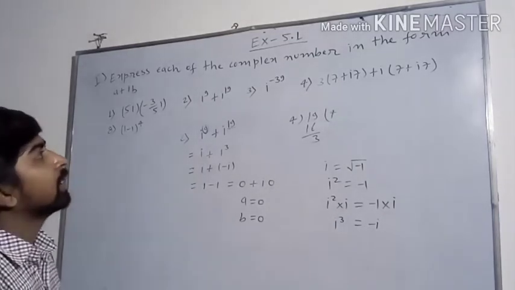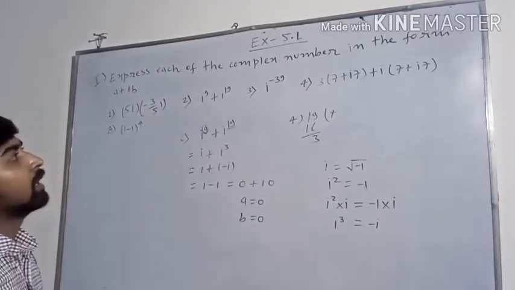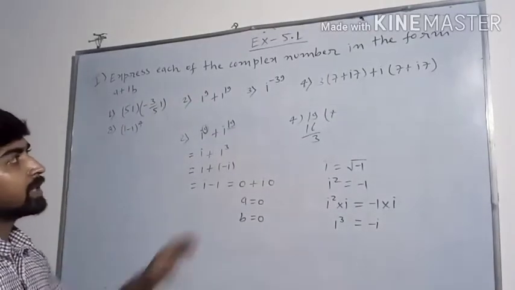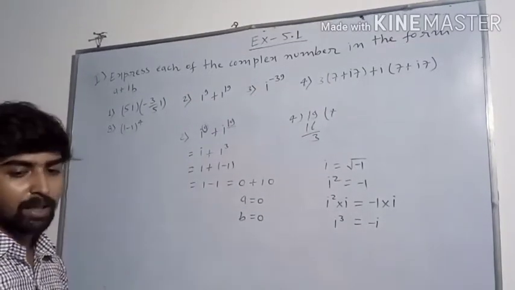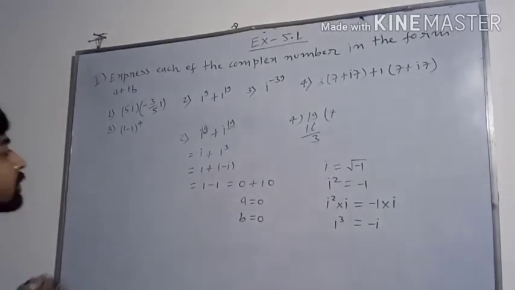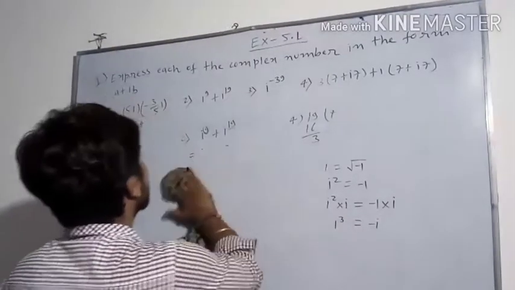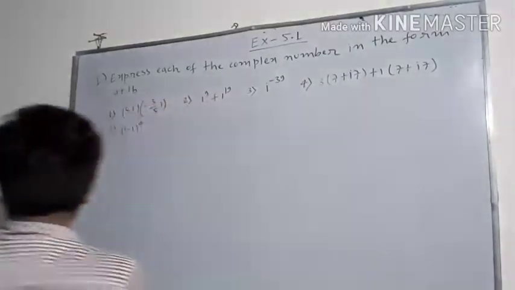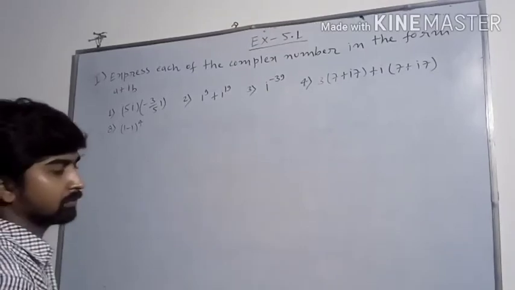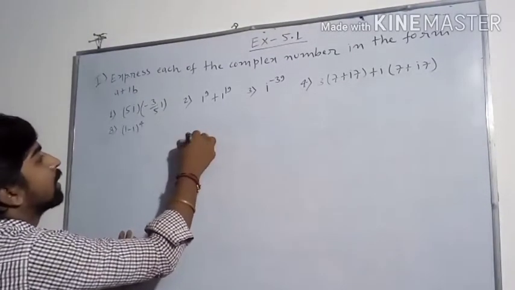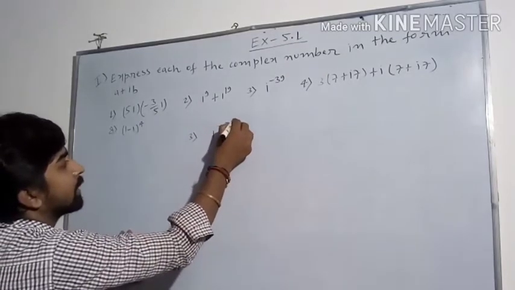Students, let us express another complex number in the form a plus ib, which is i to the power minus 39. i to the power minus 39.